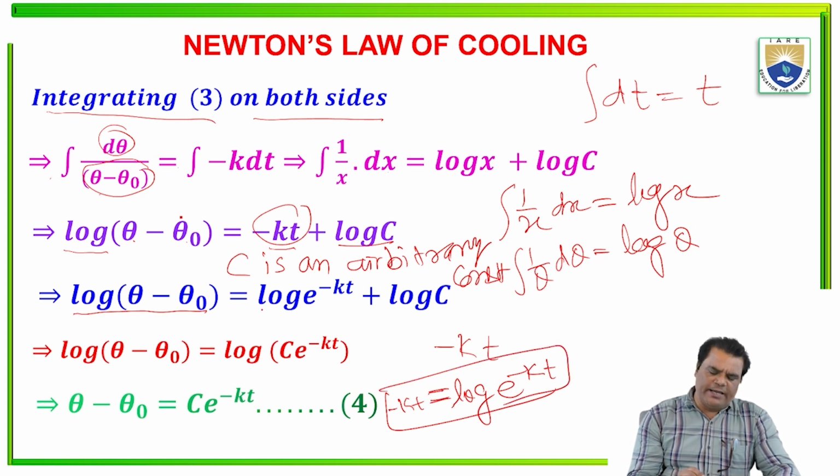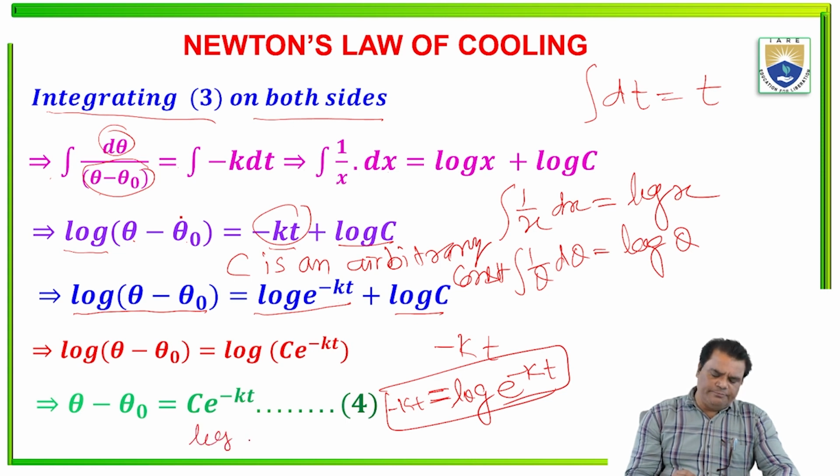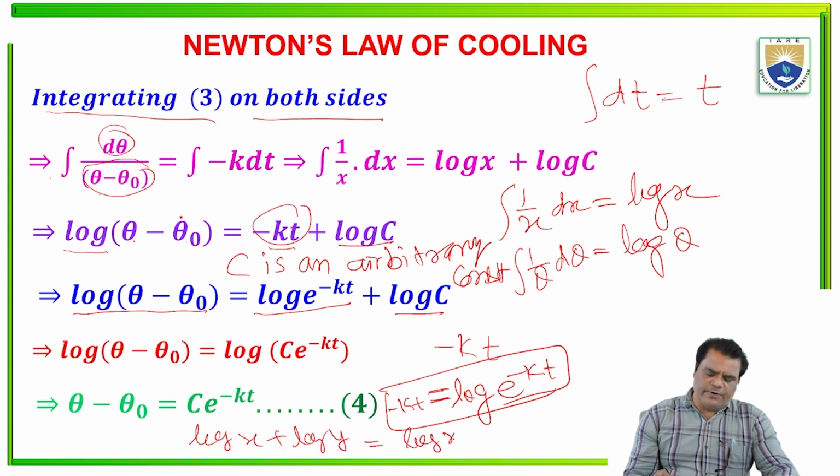So the right side is log e to the power minus kt plus log c. Here we apply the formula log x plus log y equals log xy.